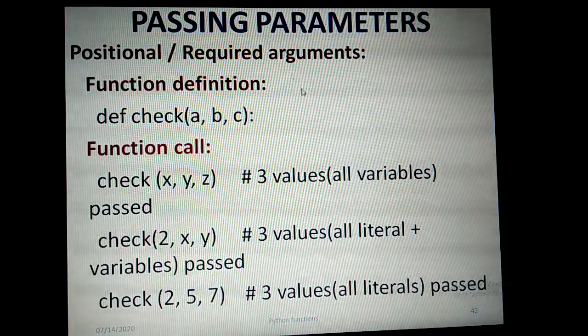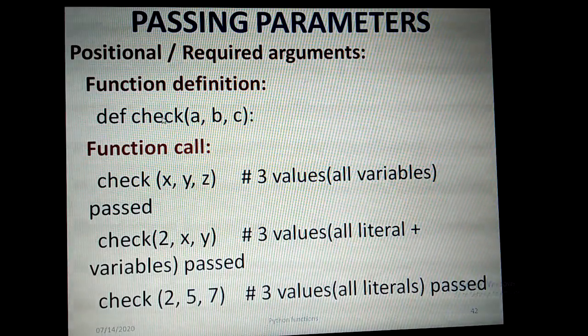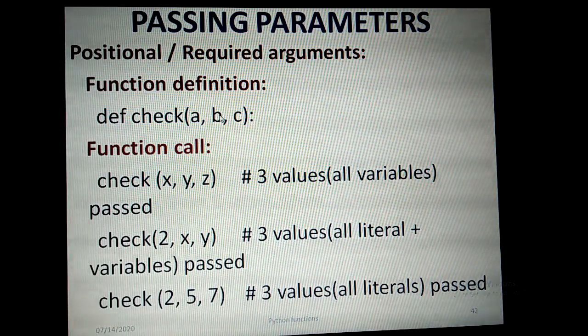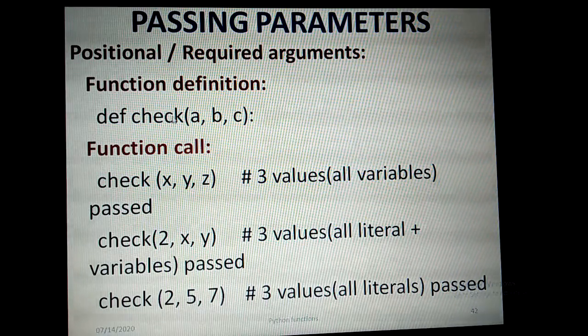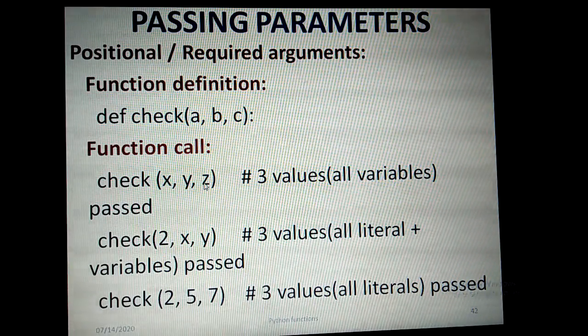So positional or required arguments. So def check of a comma b comma c, this is in the function definition, at the end colon. Okay, so in the function call, the same function is going to be called here with different variables, that is x, y, z. These are known as actual values or actual arguments.